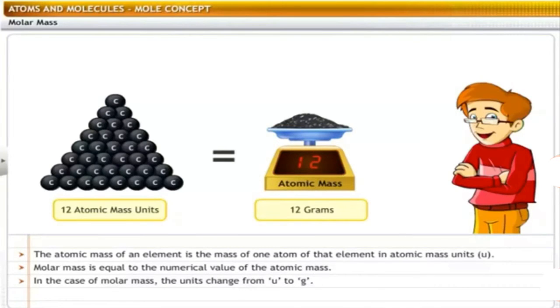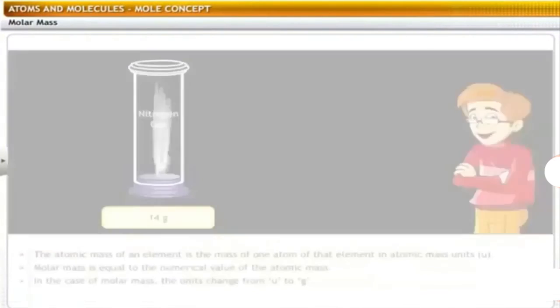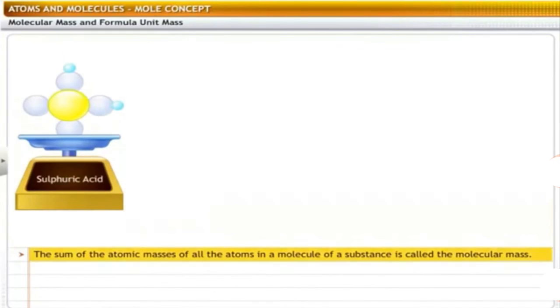Therefore, 12 grams of carbon is equal to 1 mole of atoms, which has 6.022 multiplied by 10 to the power 23 atoms of carbon. 6.022 multiplied by 10 to the power 23 atoms of nitrogen will be equal to 14 grams of nitrogen.